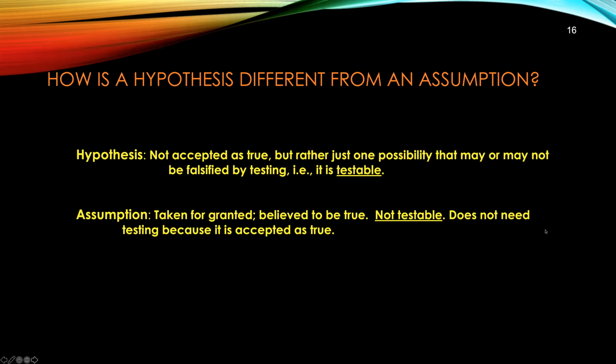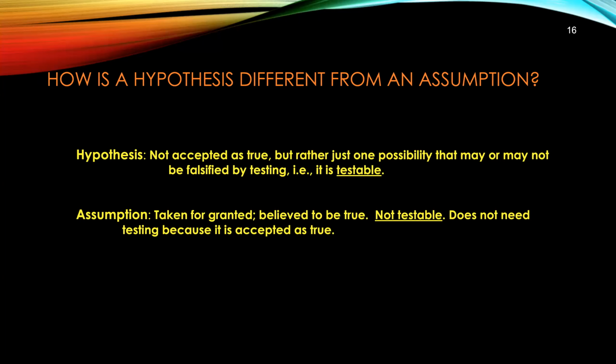Now, if it's not a hypothesis, it's not a theory, it might be an assumption. How is a hypothesis different from an assumption? A hypothesis is not accepted as true. It's rather just one possibility, and it can be falsified. That is, it's testable.